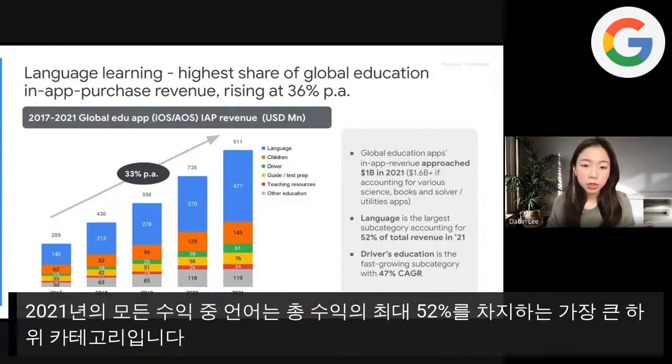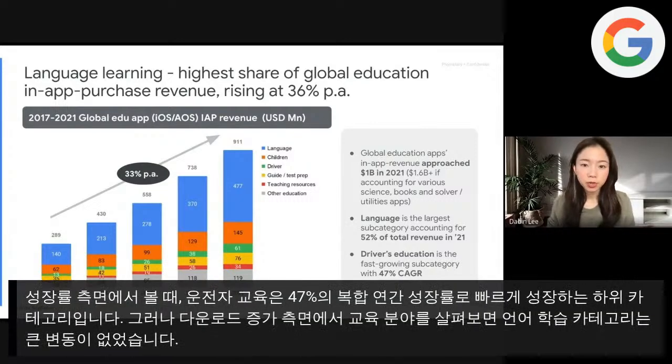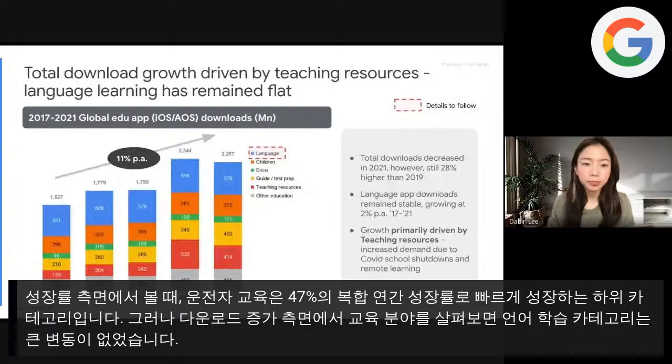And out of all revenue in 2021, language is the largest subcategory, taking up to 52% of total revenue. And in terms of the growth rate, driver's education is the fastest-growing subcategory with 47% compound annual growth rate. If you look at the education vertical in terms of the download growth, however, language learning has remained flat.